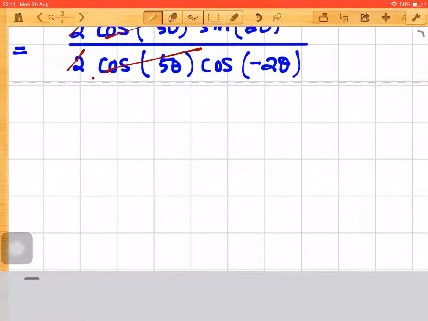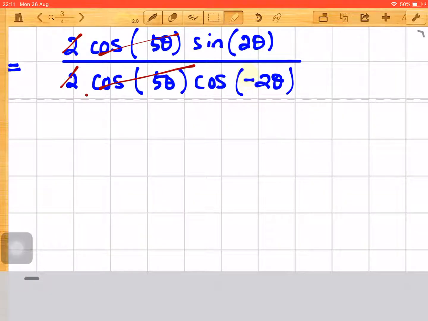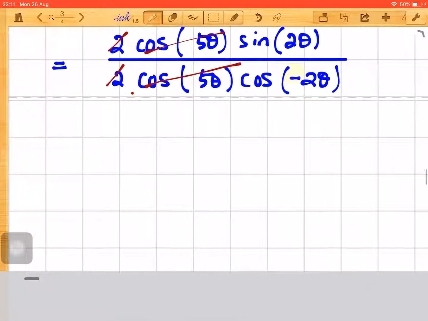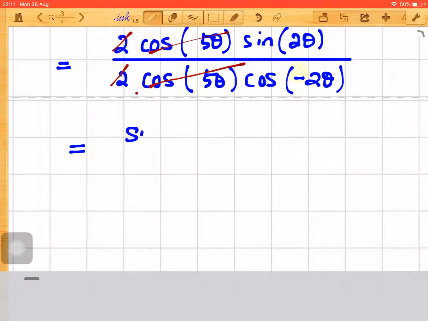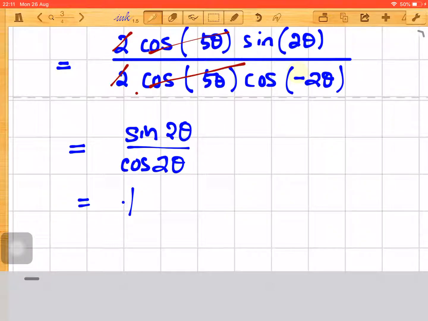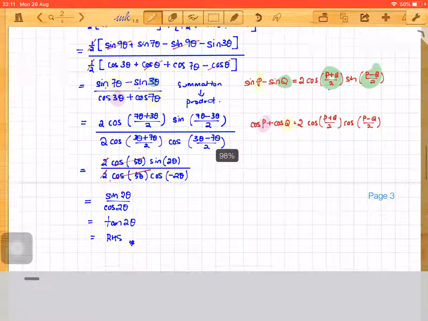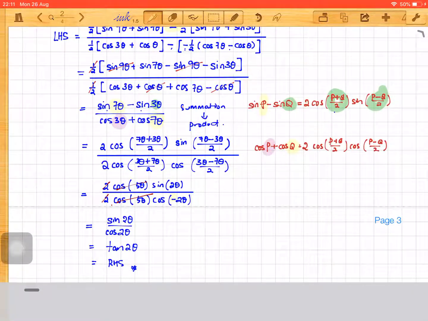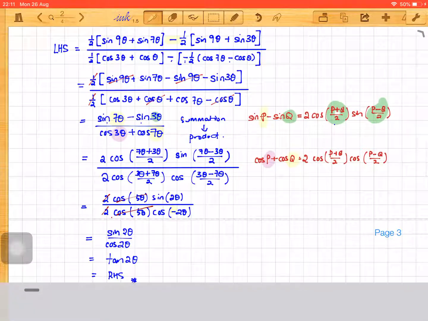Like just now, this negative doesn't affect it. So what you're gonna have is sine 2 theta over cos 2 theta, which is tangent 2 theta, and is equal to your right hand side. So you have proved this. It's a long way. I hope you can understand. If not, feel free to replay the video so that you can get more understanding.